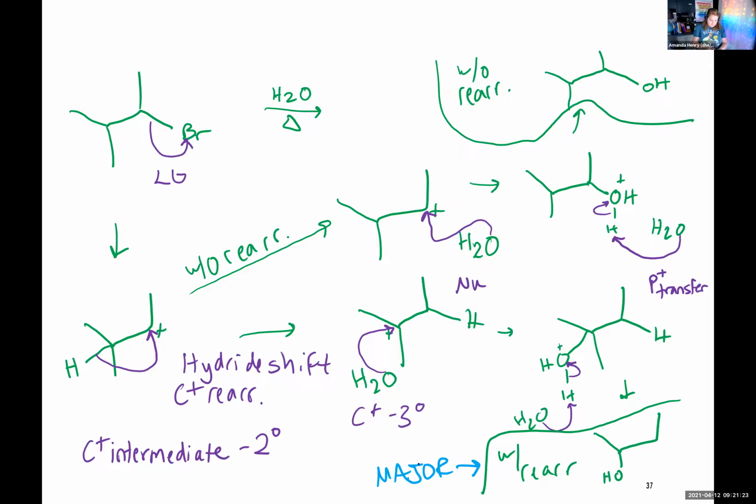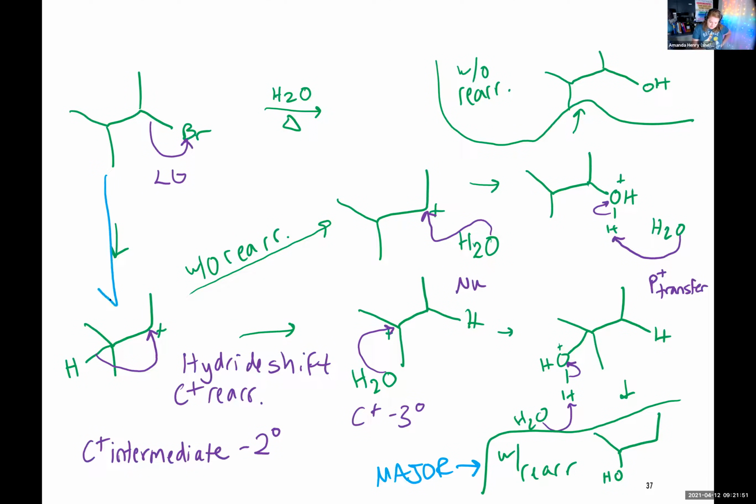Questions about any of those mechanism steps? Can you just show your process, because it's kind of all over the place for me, and I didn't follow it as quickly. You mean just the pathway I went? Yeah. So there's two pathways on here.